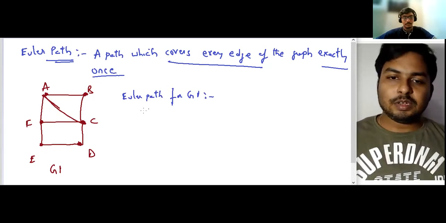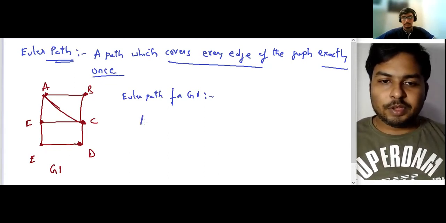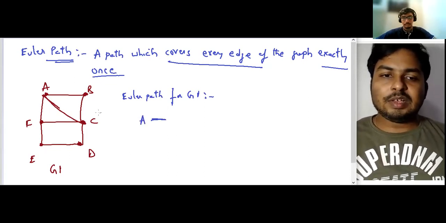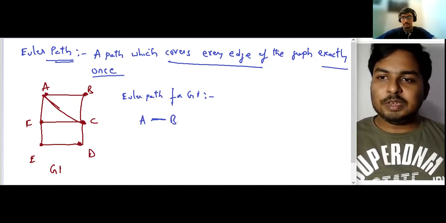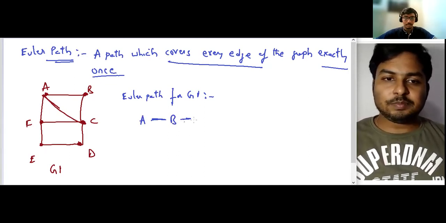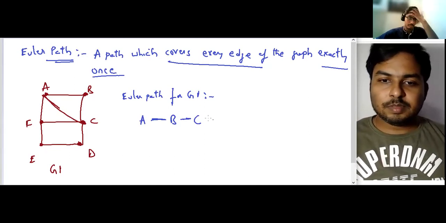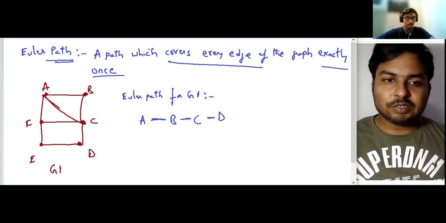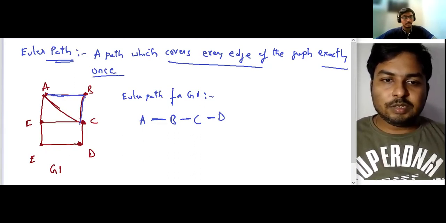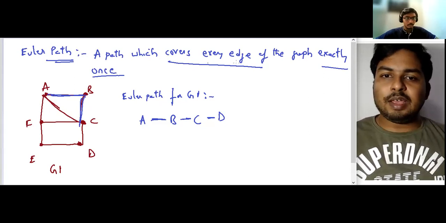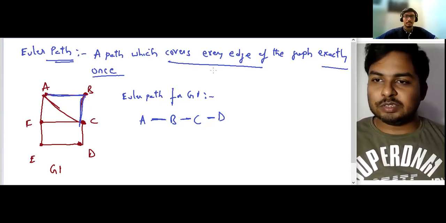Then what will you write? If you're starting from A, you can start from any vertex. If I start from A, B, C, D, because I will go like this from A to B, I can cover B to C. Remember, you have to cover every edge exactly once, not more than once.